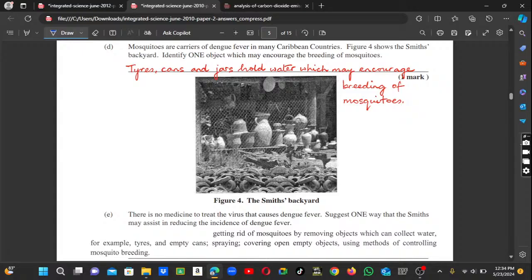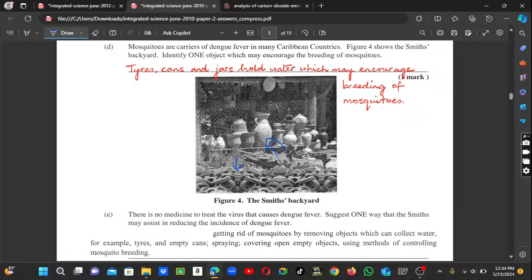So we're going to see what would cause the mosquitoes to breed. We can see tires, cans, and jars. Cans and jars normally hold water, which may encourage the breeding of mosquitoes.